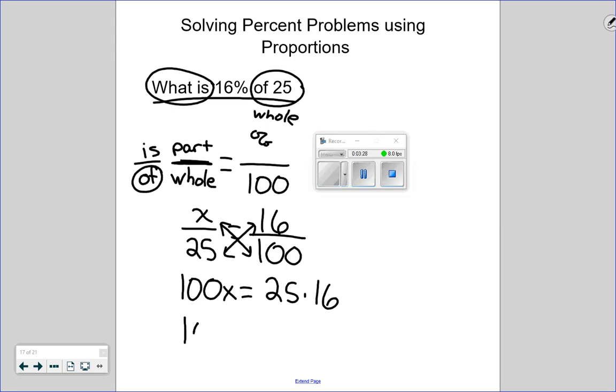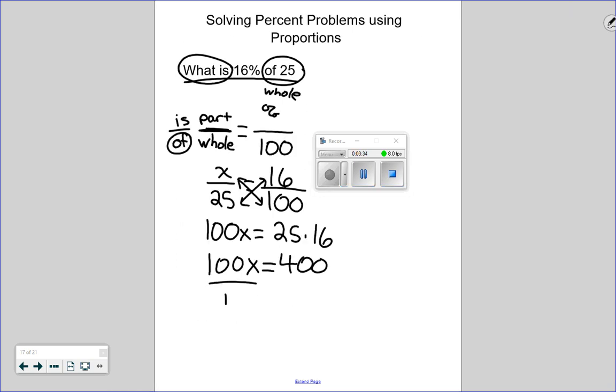So 100x equals, and 25 times 16 is 400. And now to solve for x, I divide both sides by 100, and I get x equals 4. And that's my answer. The answer is 4. 4 is 16% of 25.